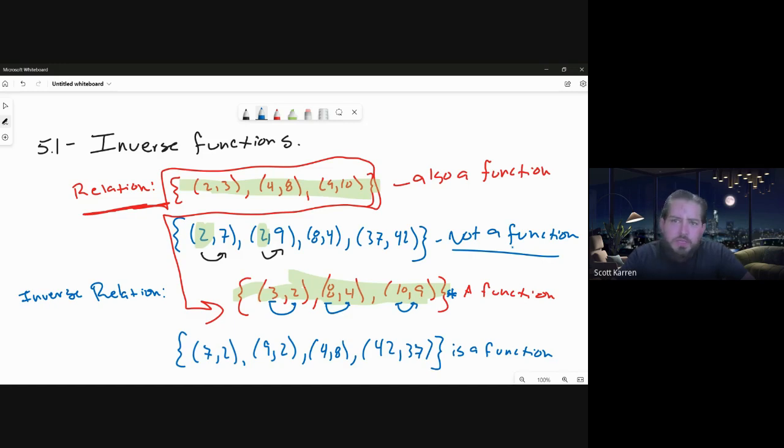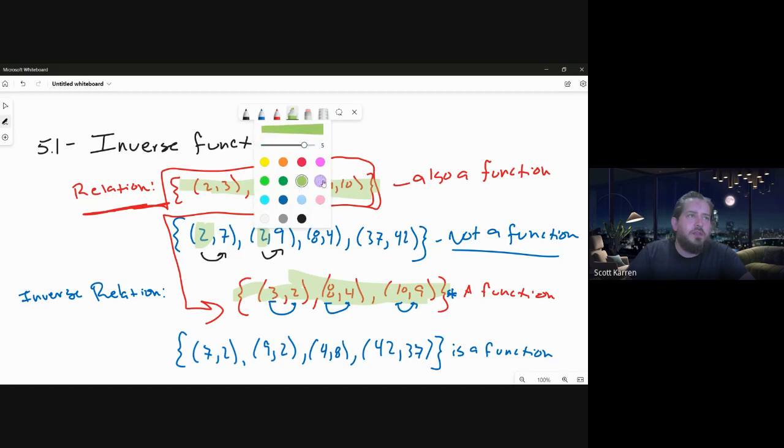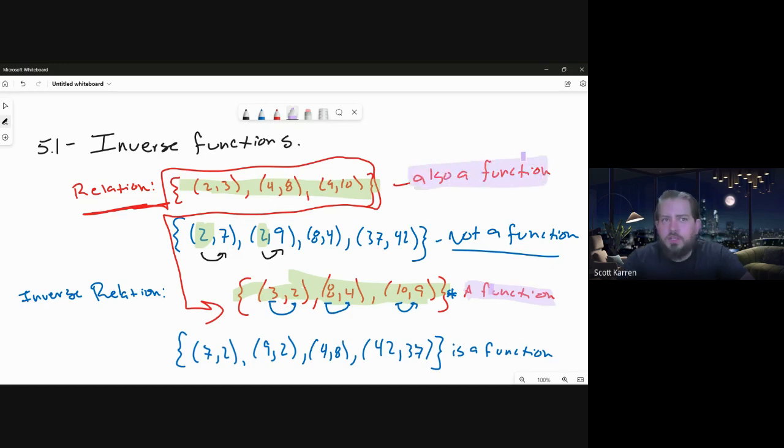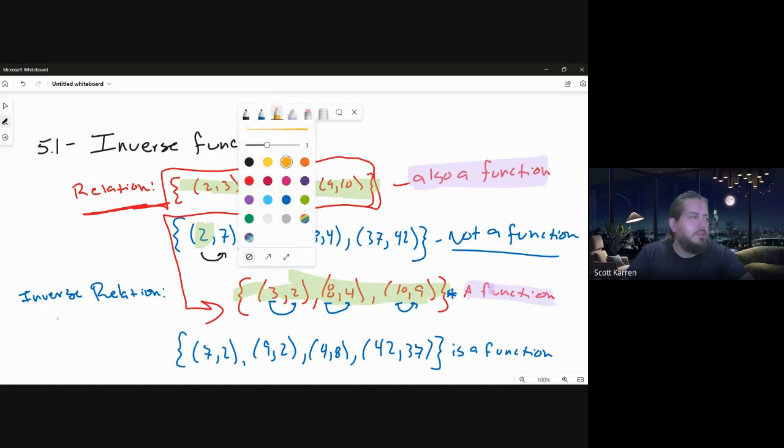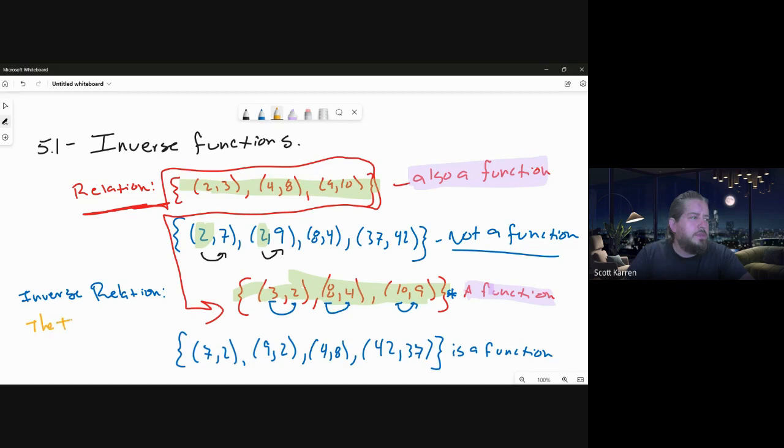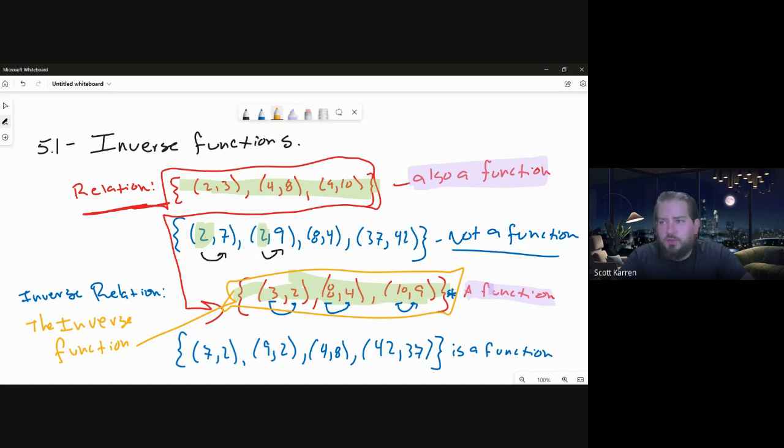So it's great that it's a function, but since the first thing wasn't a function, we wouldn't talk about it in the same way. But this one that we've created for the red one, since it's a function simply from having inverted a function, that makes this the inverse function. That's what this is. It is the inverse function of the previous function.